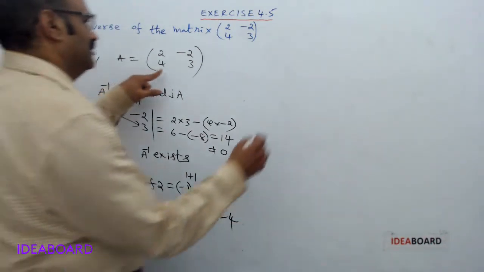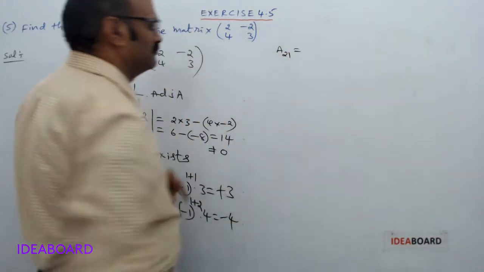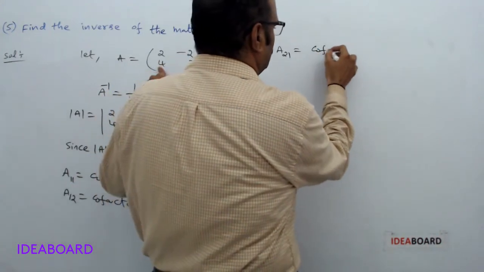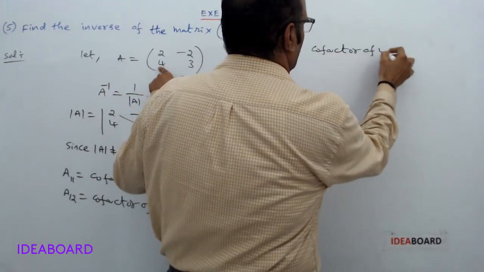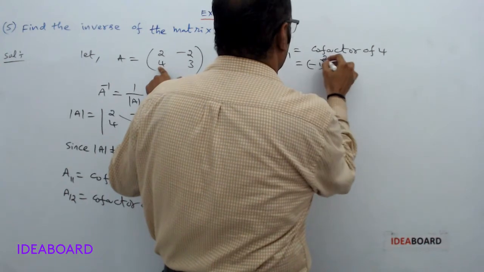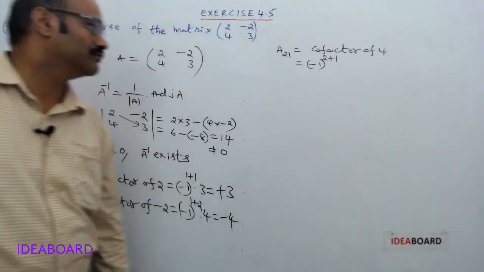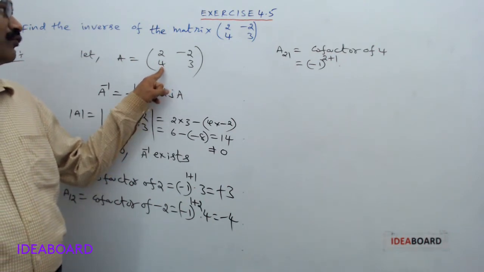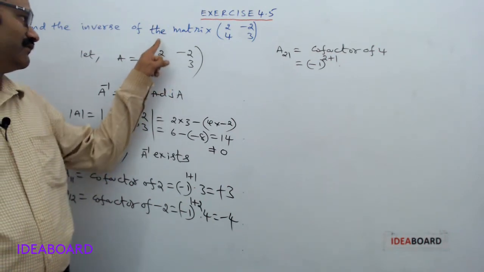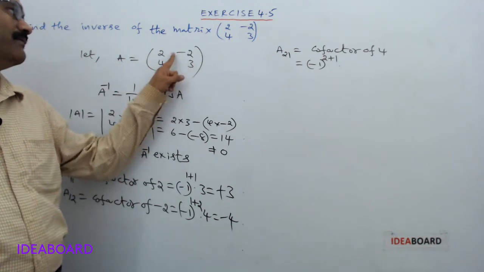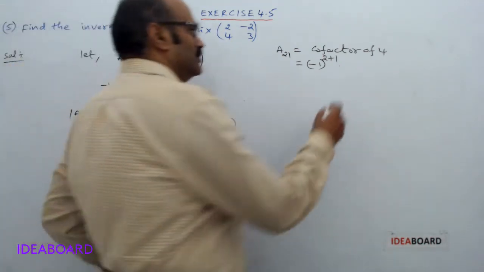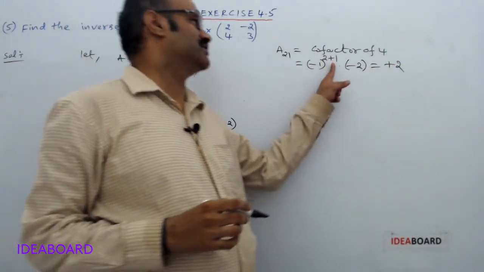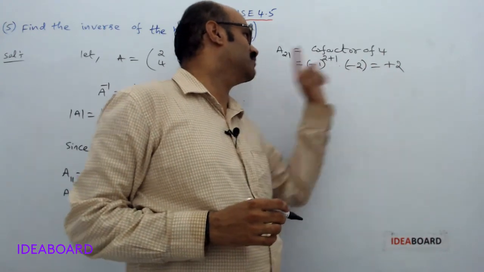Next A21 equal to cofactor of 4 equal to minus 1 whole power 2 plus 1 into minor of 4. The element 4 lies in first column and second row, so the minor of 4 equal to minus 2. Minus 1 whole power 3 is minus 1. Minus 1 into minus 2 equal to plus 2.